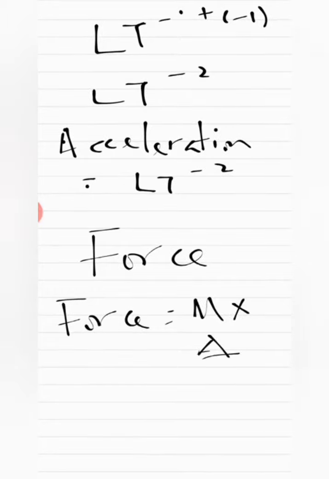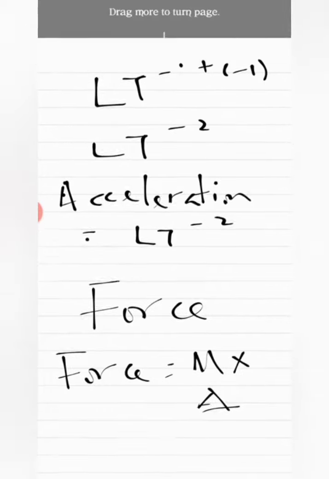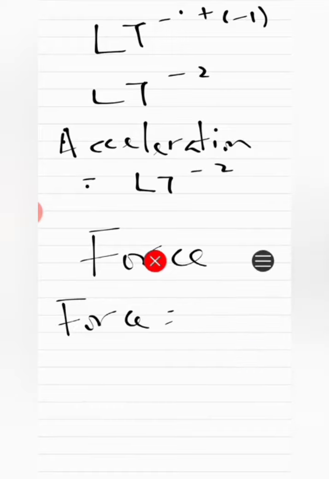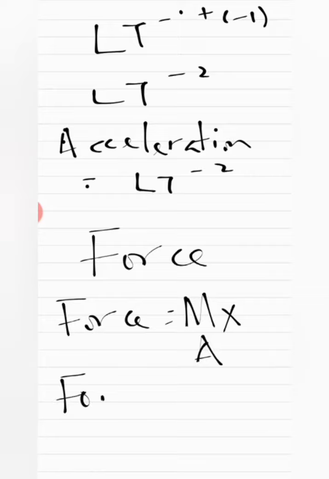And of course we know mass is capital letter M, and acceleration is LT raised to the power minus 2. So the dimension of force gives F equals M LT raised to the power minus 2.